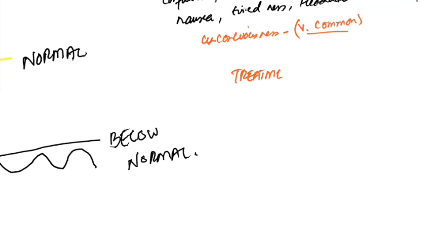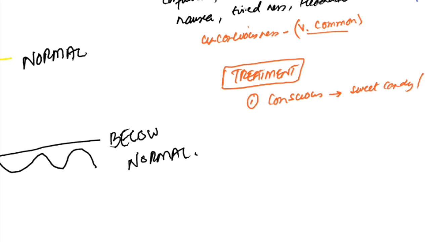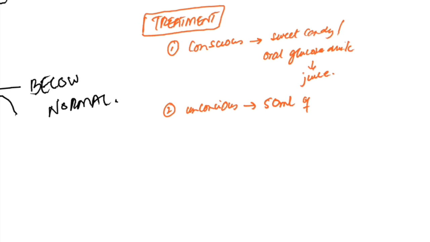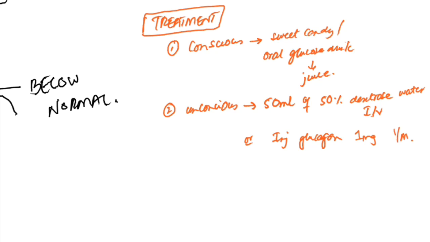The treatment of hypoglycemia is also very easy. If the patient is conscious, he should be given any kind of sweets which contain glucose, or a simple juice should be given to him. If the patient is unconscious, 50 ml of 50% dextrose water should be given through the intravenous route, or the other option we have is 1 milligram of glucagon given intramuscularly.